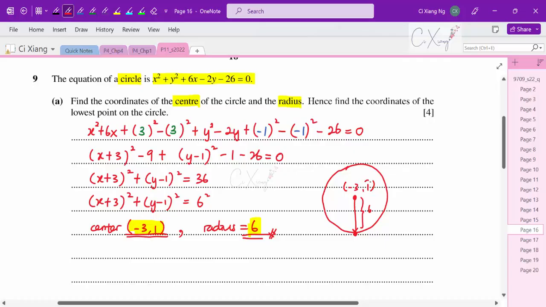For the y coordinate, I need to minus the 6 to get the lowest point. Therefore, to get the lowest point, the x coordinate will remain the same, which is negative 3, and for the y coordinate, I have to minus the 6. So when I minus the 6, I will get negative 5. That is the coordinate of the lowest point for this particular circle.